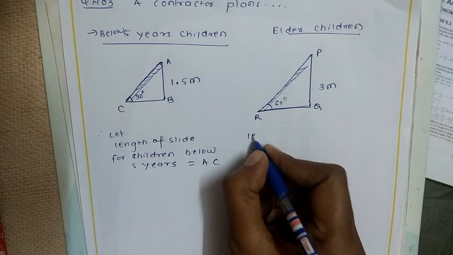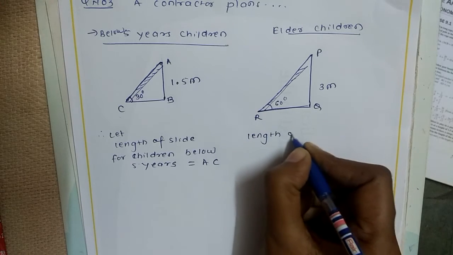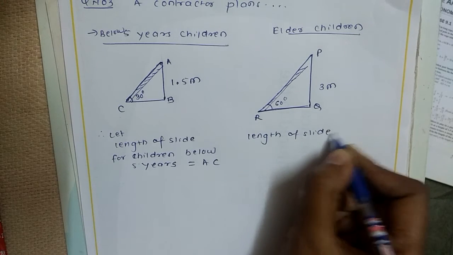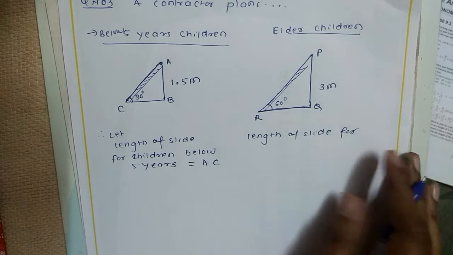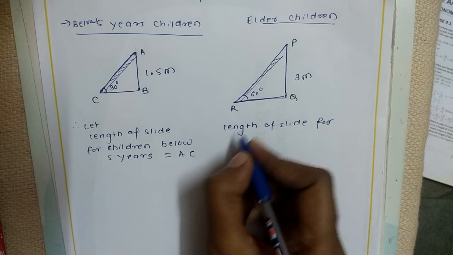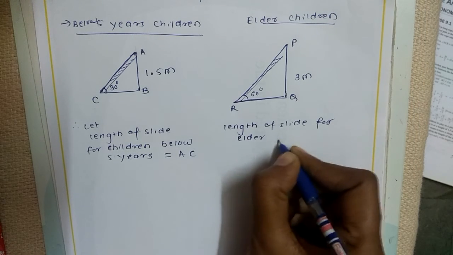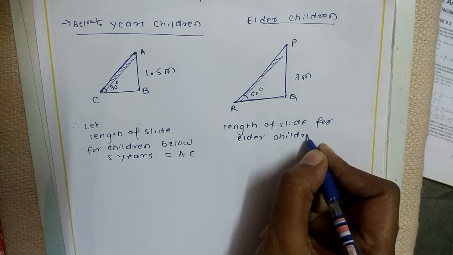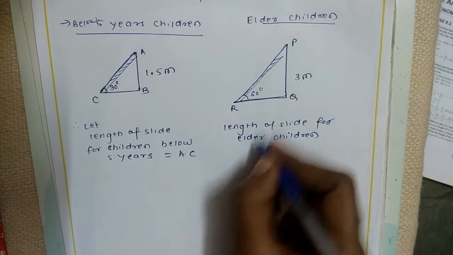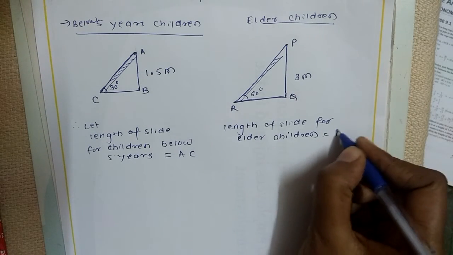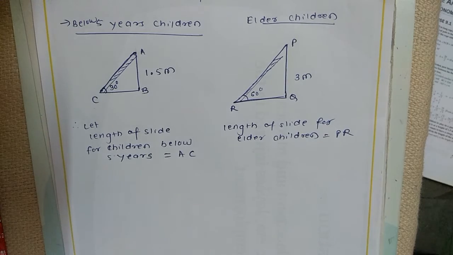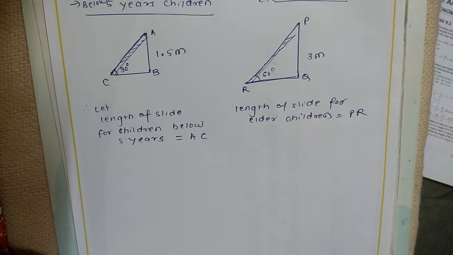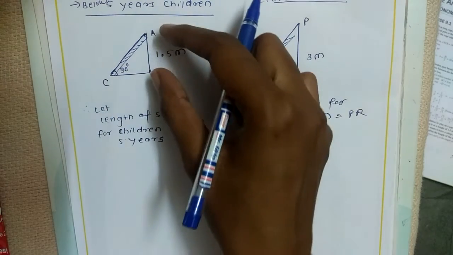And for the length of slide for elder children, means above 5 years, we will take here as PR, or you can take L1, L2, whatever you want. So we have to find out the AC, and we have here AB.